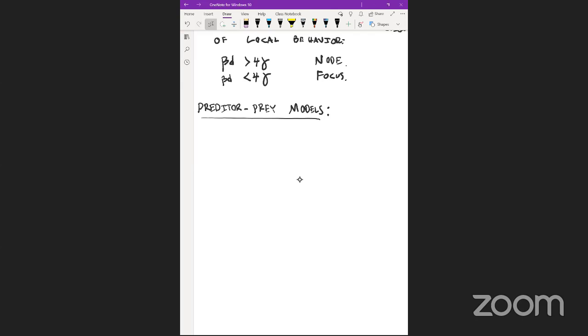But one of the most important sets of population models that we have is the predator-prey model. So this is the Lotka-Volterra equations. And so here's the idea.